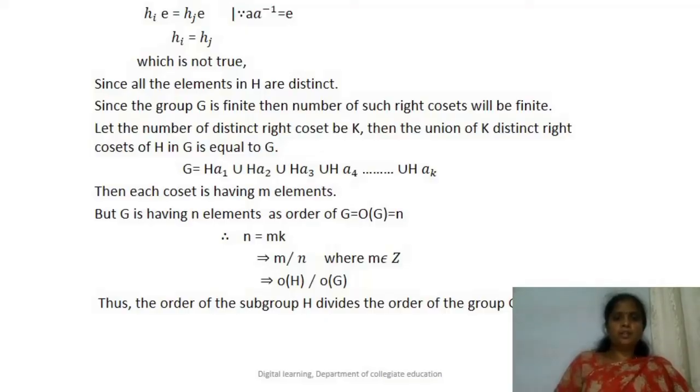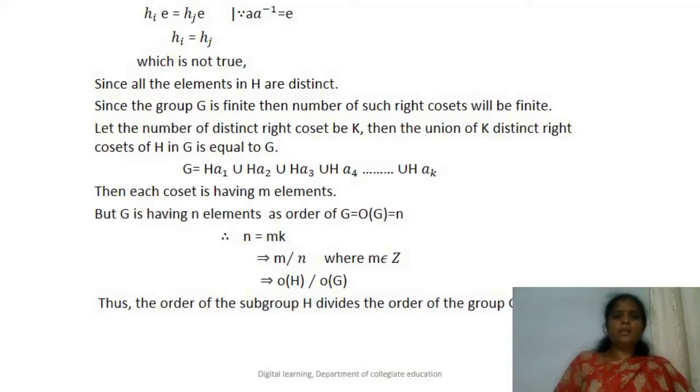We proved it. Since the group is finite, the number of such right cosets will be finite. Let the number of distinct right cosets be k.